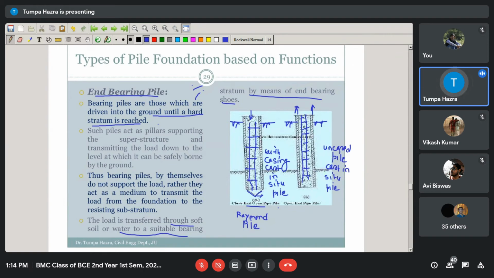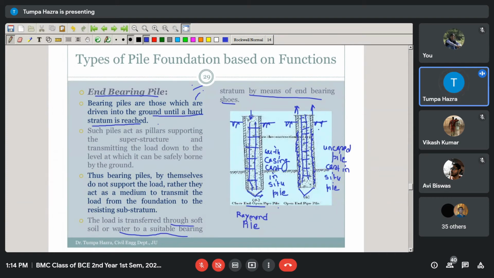So the adjacent soil will now act as the mold, and therefore there will be no casing. The soil will act as the mold, and there may be a detachable shoe by which the load will be transferred to the soil.